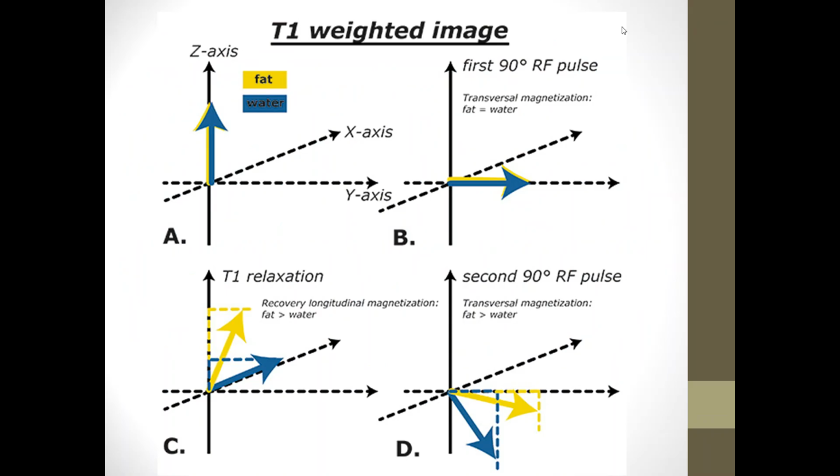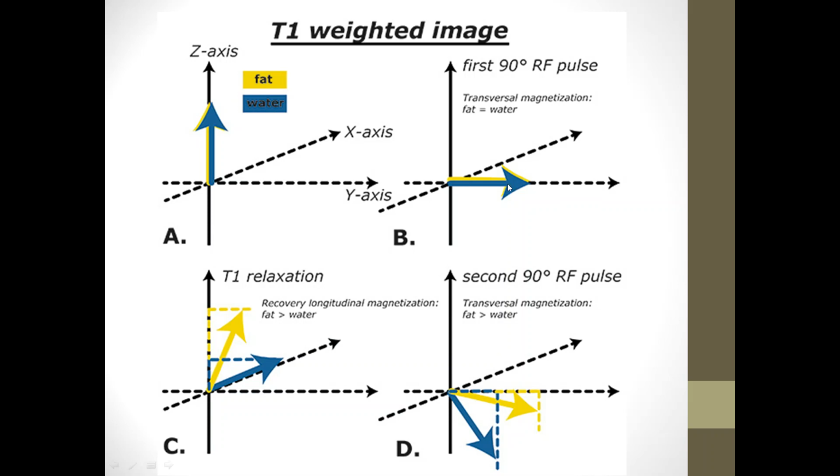To give another example to understand this well, we will talk about fat and water, all of them in the Z direction. Two different tissues, fat and water, have MZ, the longitudinal magnetization, in the Z axis. After applying a 90-degree radio frequency pulse, what will happen to the fat and water? Their magnetization will be in the XY plane.